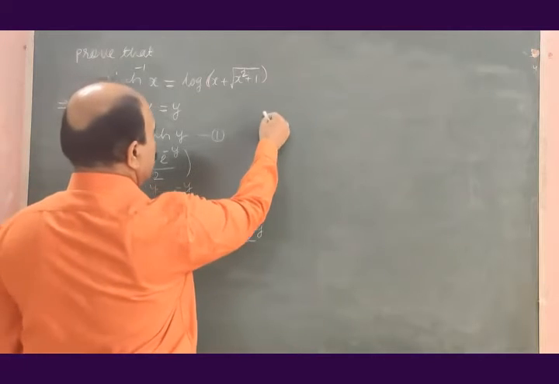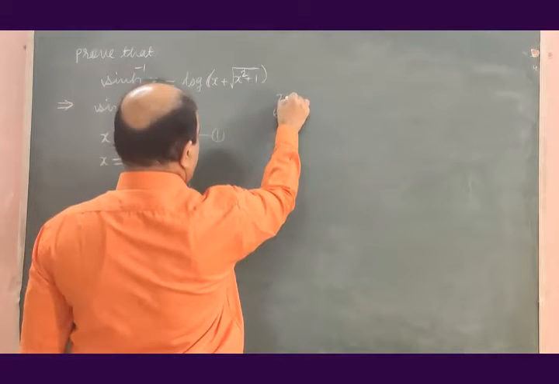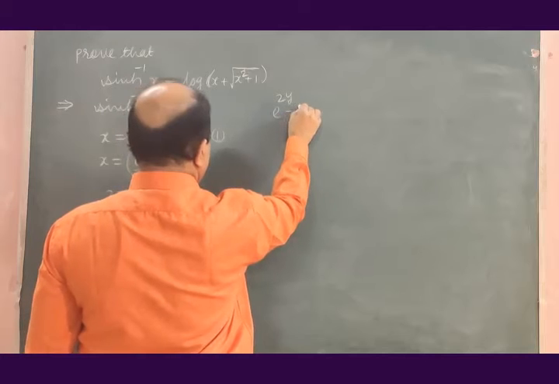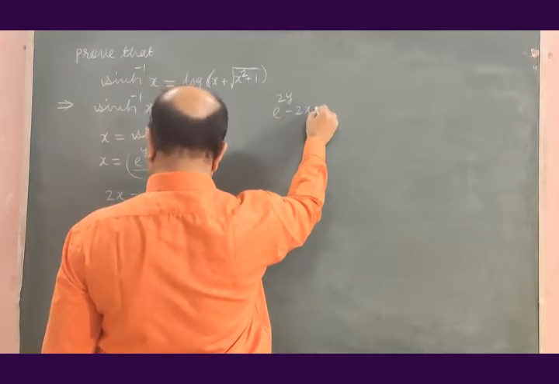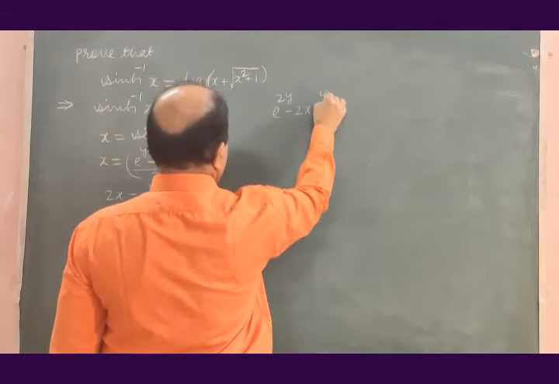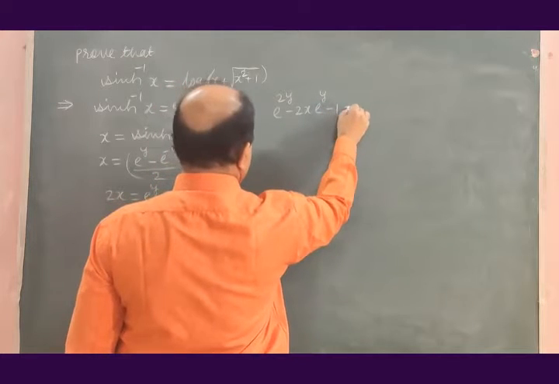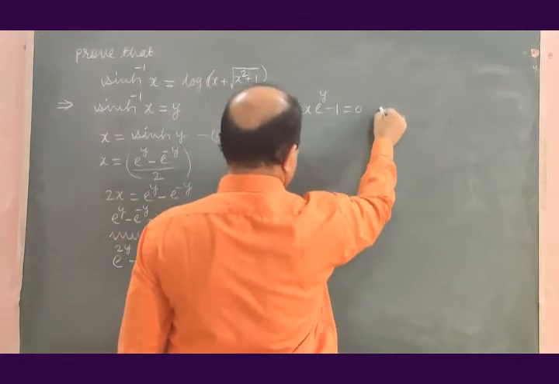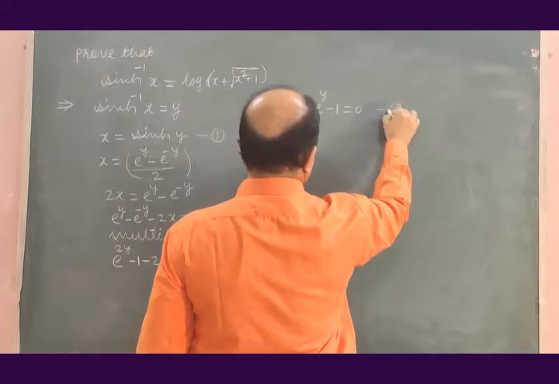This is e to the power 2y minus 2x e to the power y minus 1 is equal to 0. Equation number 3.